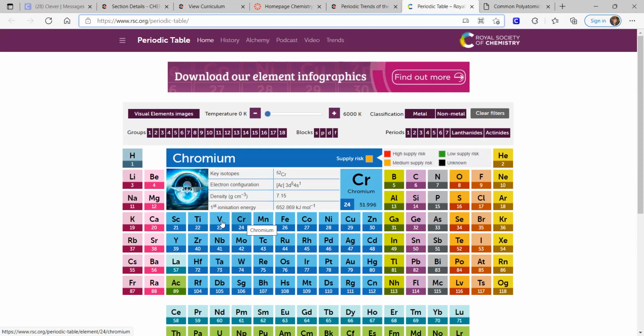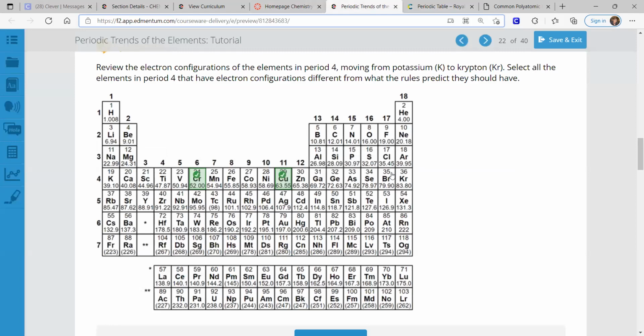You see how it jumps when we get to chromium? It's kind of weird. Then we go back: 3d6, 3d7, 3d8, 3d10. So it jumps again. So chromium and copper behave differently than the rules.